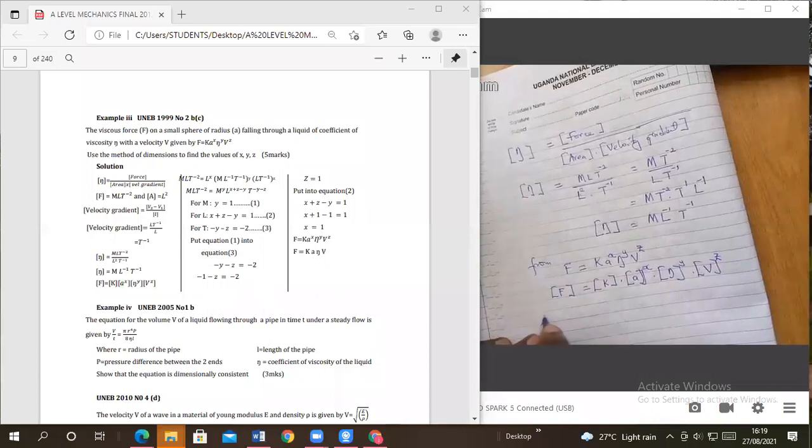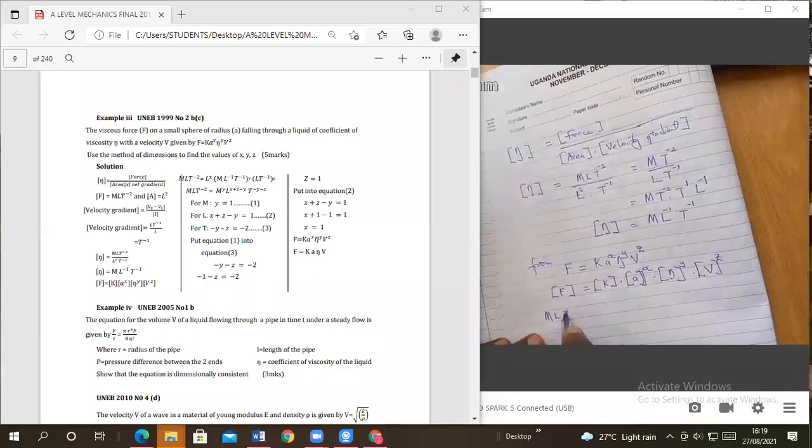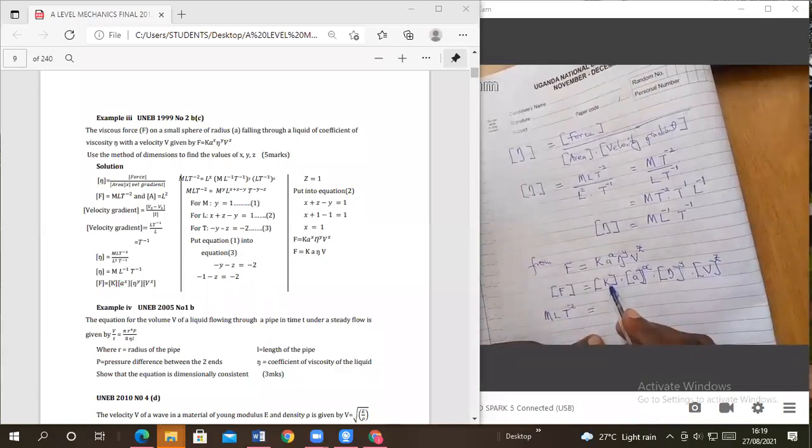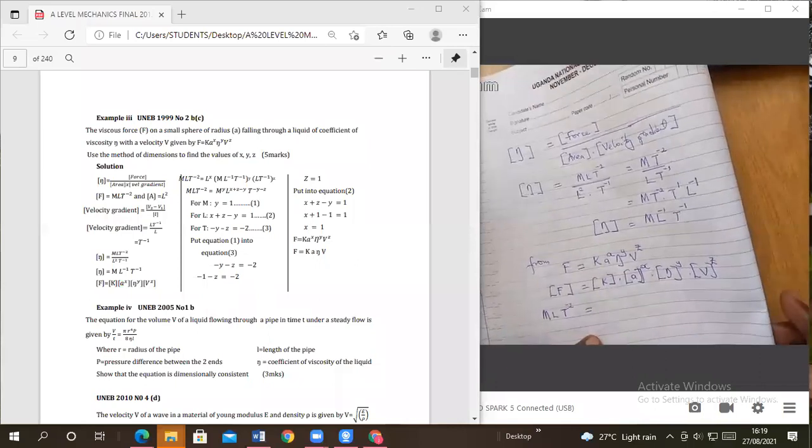So for force, what's the dimension of force? It is M L T to the power -2, equals to, this is a constant, the dimension of a constant we know is 1, right? That one is 1.